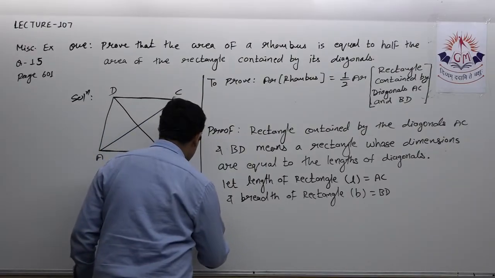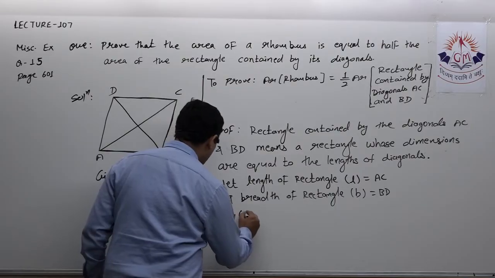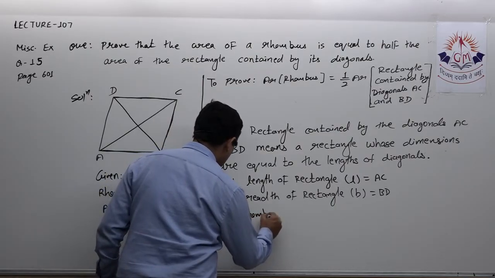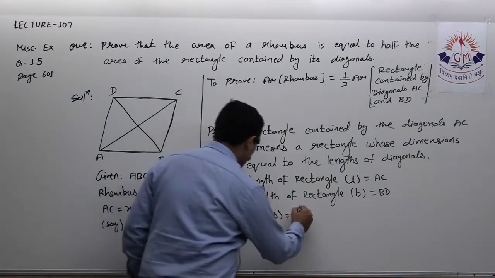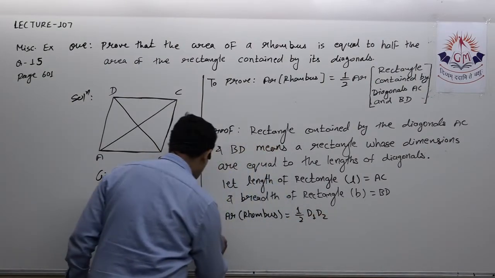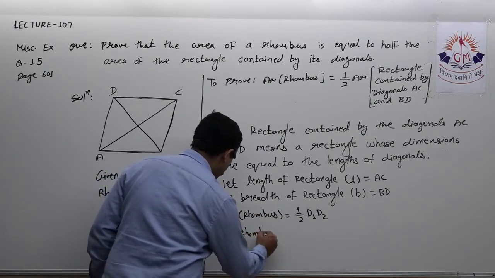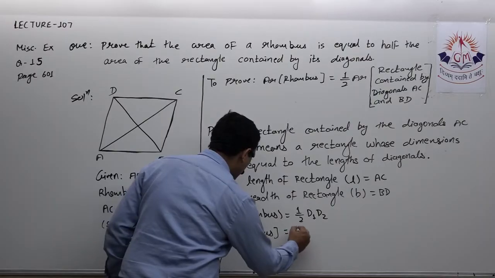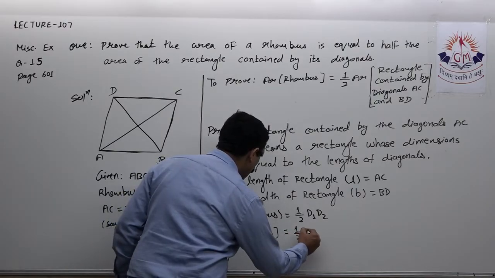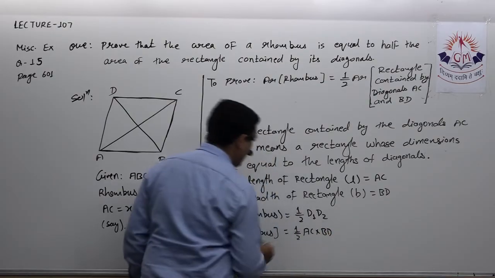So now area of rhombus is equal to 1 upon 2 d1 d2. Therefore area of rhombus is equal to 1 upon 2 AC into BD.